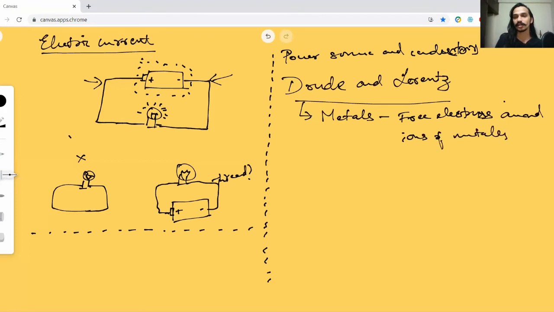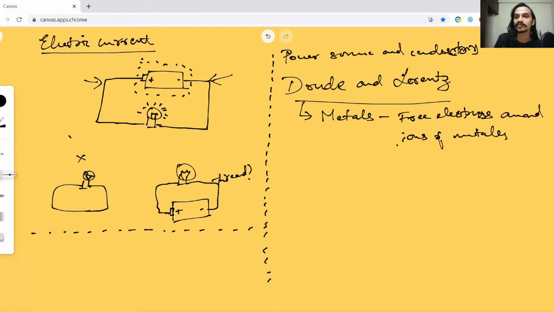So he says that if you take a piece of metal, some of the atoms in the metal are like ions because their electrons are a little loose, and they become free. So once these metals lose the electrons, the atoms become ions, and the electron is just running around.